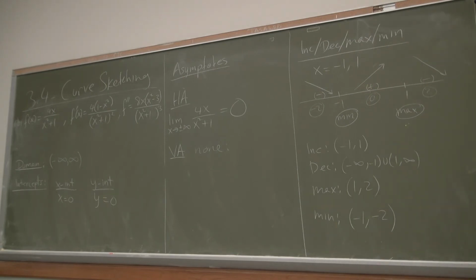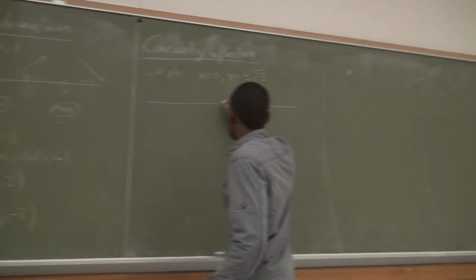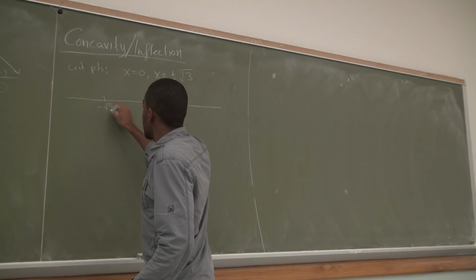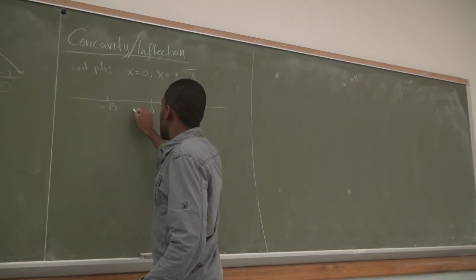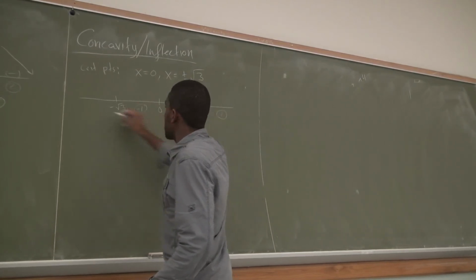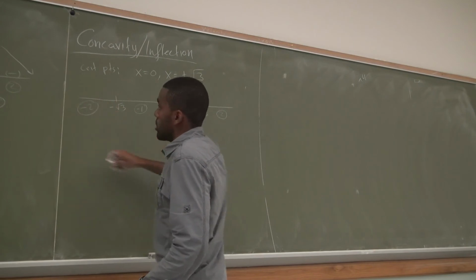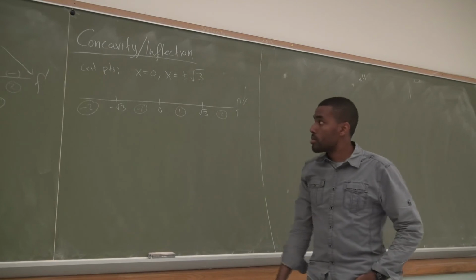Concavity, what are the critical points? Set the top and bottom equal to 0, you get 3 numbers: x equals 0, x equals plus or minus radical 3. Plug in a number, so -1, 1, 2, -2. Here we plug into the first derivative, here we're going to plug into the second derivative.